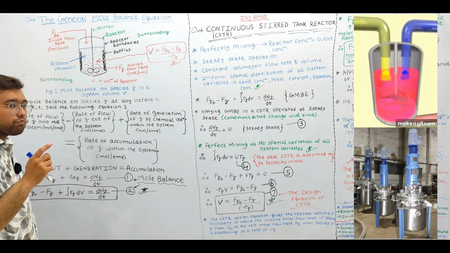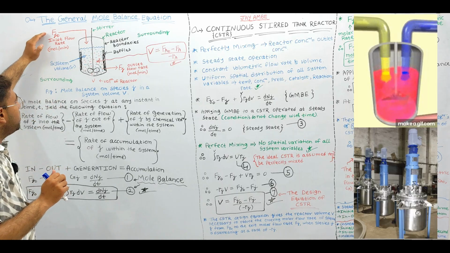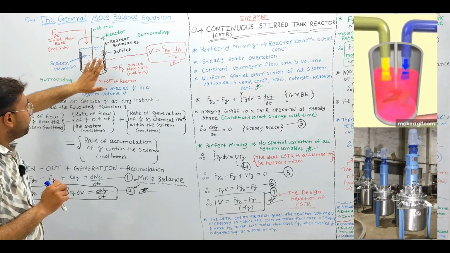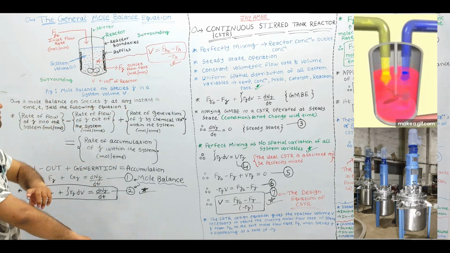So in the continuously stirred tank reactor, we have continuous inlet flow rates, the reaction takes place continuously, and we have continuous outlet molar flow rates, right?